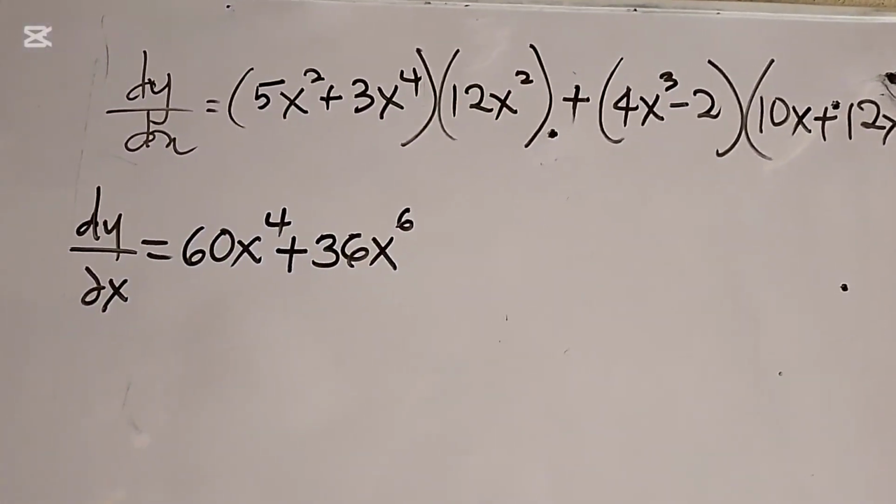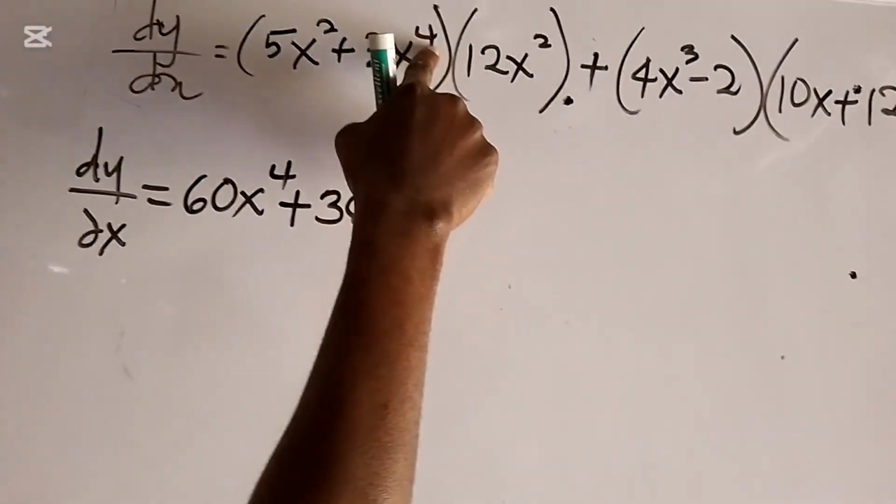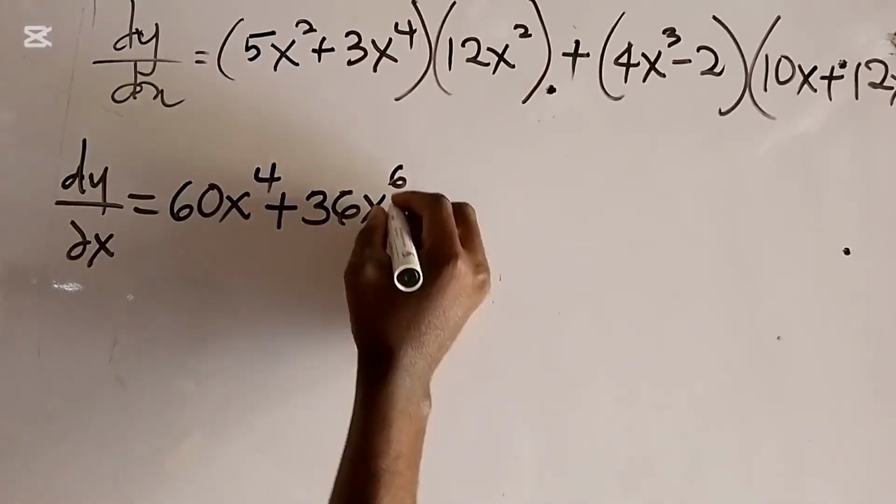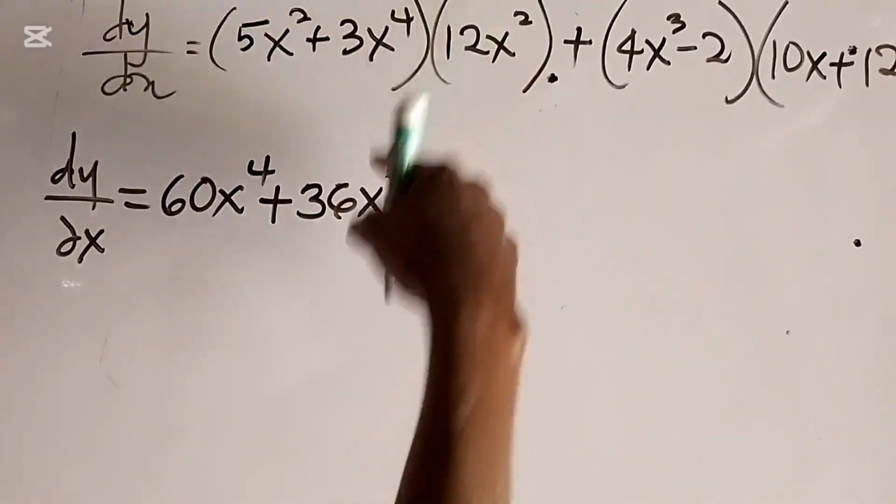It gives us the 6th power because when you add 4 to 2, you get 6.